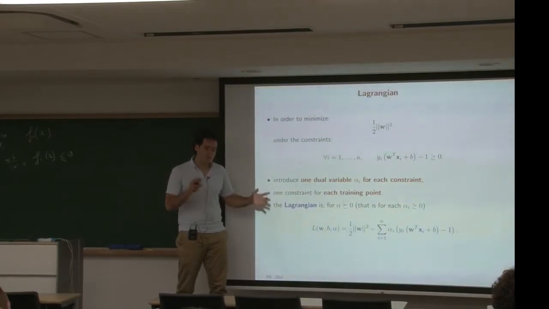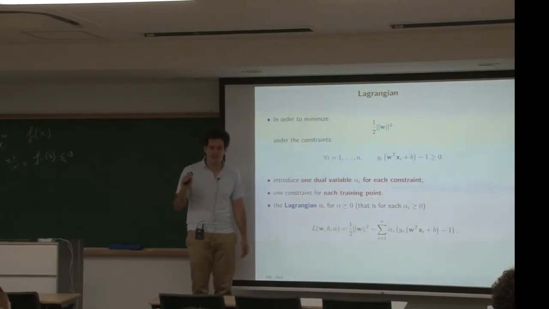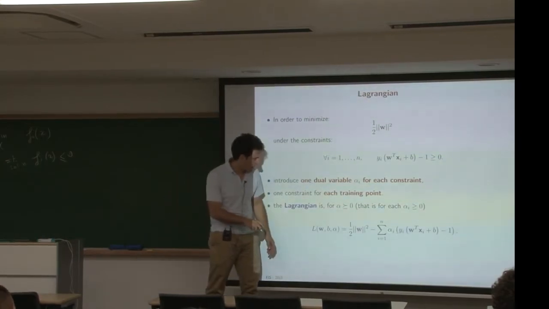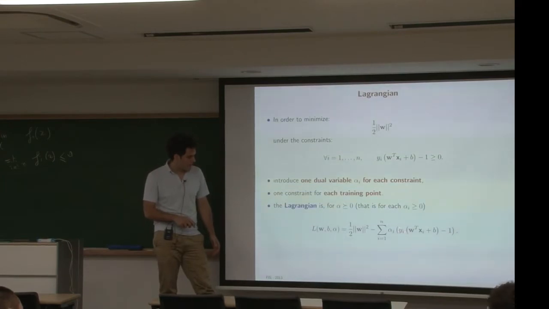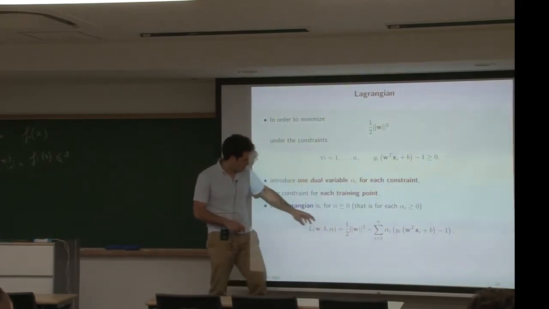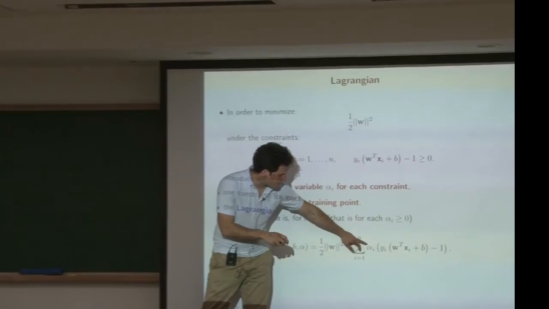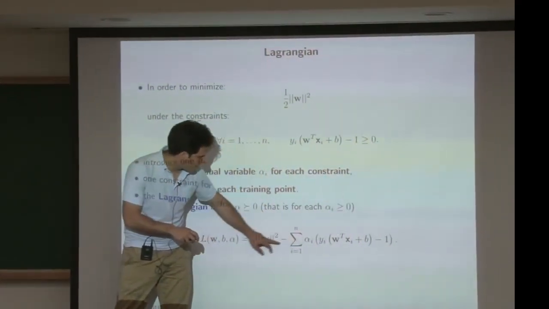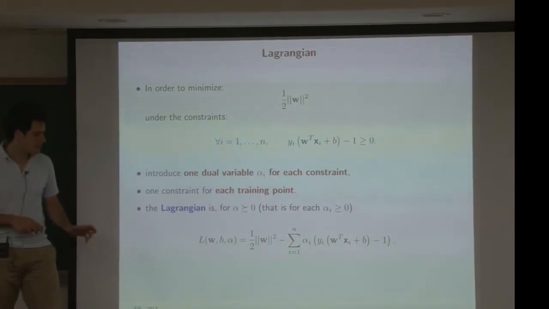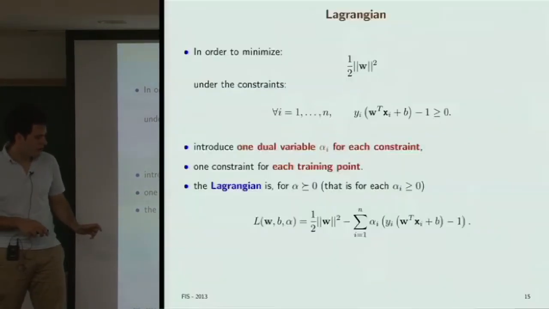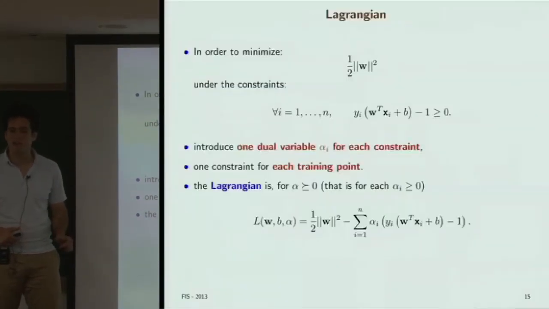If on the other hand, no, let's not say infinite, let's say very, very large, like 10 million, you will see that there is a very high price if this is negative, right? Because the objective will be 10 million times something which is negative, minus, so that becomes positive. So there's no way that this particular constraint will be violated.